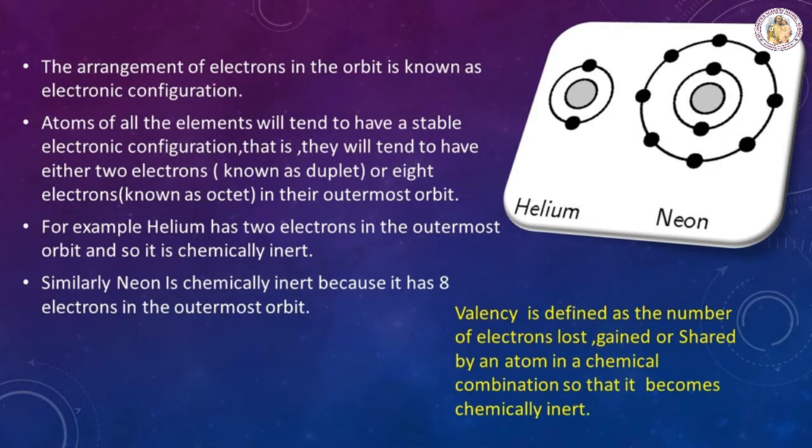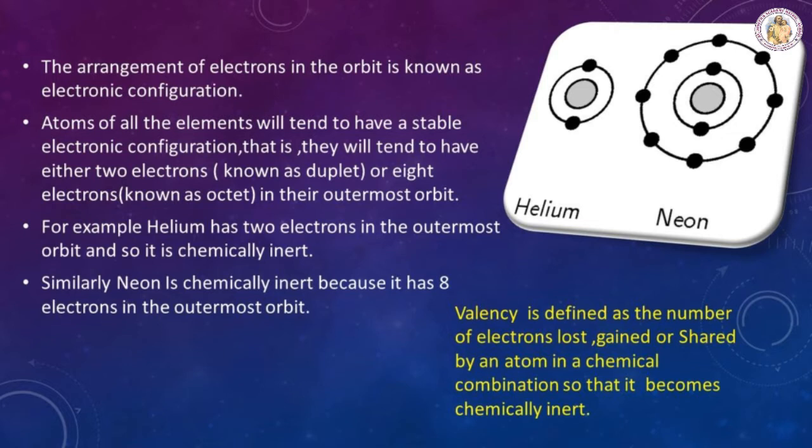For example, helium has 2 electrons in the outermost orbit and so it is chemically inert. Chemically inert means it is stable. There is no need to combine with another atom. Similarly, neon is chemically inert because it has 8 electrons in the outermost orbit.